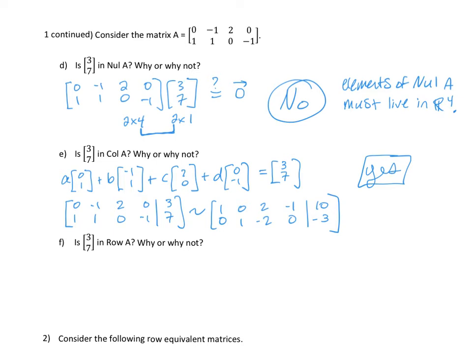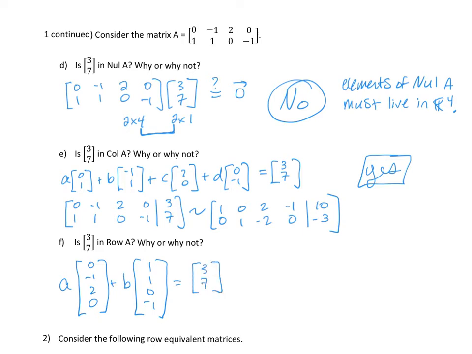Is [3, 7] in the row space of A? So that's saying if you treat the rows of A as vectors, so [0, -1, 2, 0] and [1, 1, 0, -1], treat the rows of A as vectors. Are there weights that you can put on them to build [3, 7]?